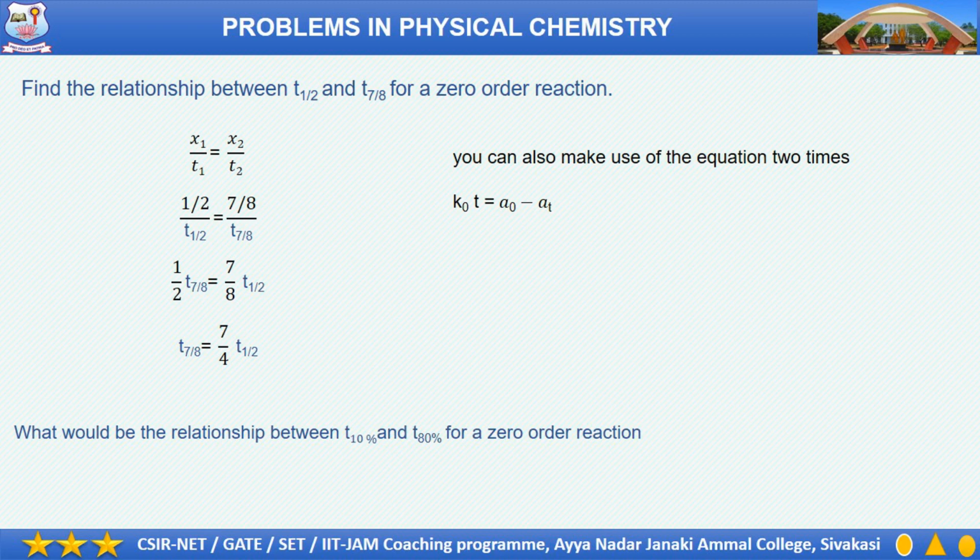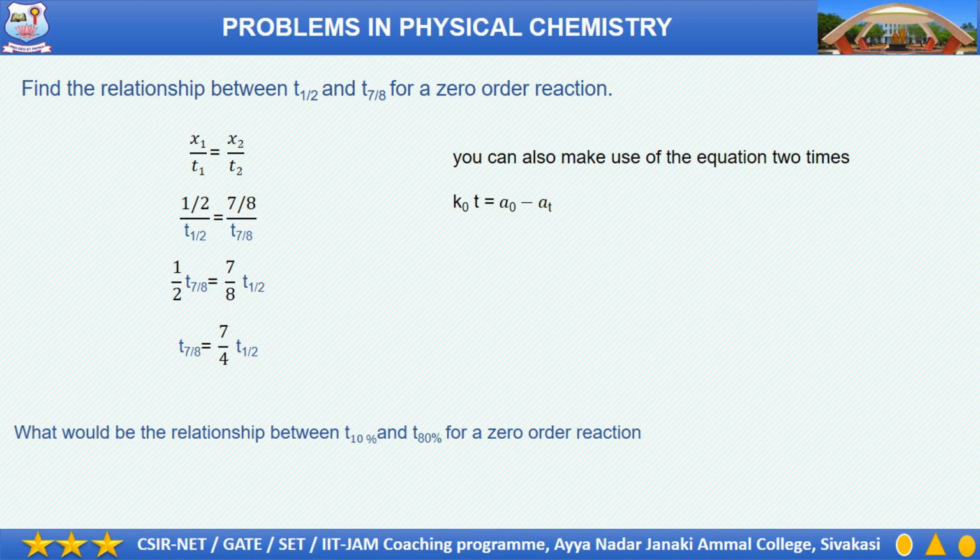Now I am going to calculate this in two ways. The simplest way is you can use this. Whatever may be the fraction given, you can adopt this equation. First, what is the percentage of conversion for this? Instead of a percentage, you can give the fraction itself. That is also sufficient.